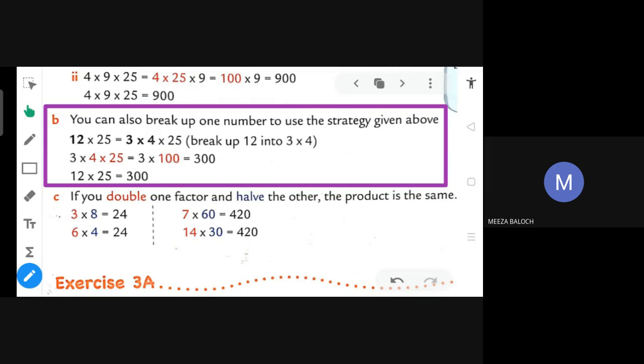Break up 12 into 3 multiplied by 4. 3 multiplied by 4 multiplied by 25. 3 multiplied by 100, answer 300. 12 multiplied by 25, answer will be 300. Okay, very good. So now I'm explaining.